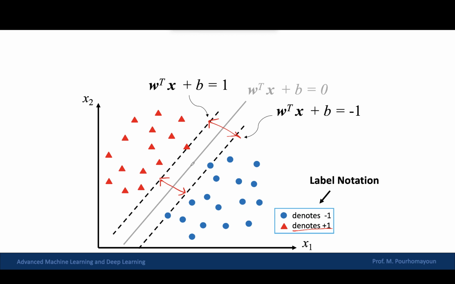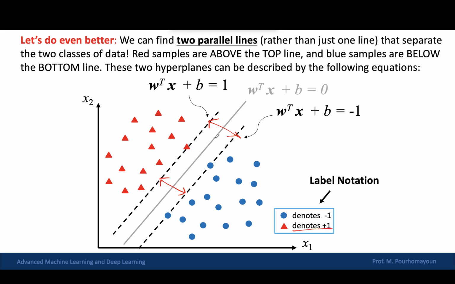So it is like, rather than having a single line, I will have a wide area as my classifier, a gap, like a band, as my classifier. So let's do even better. We can find two parallel lines rather than just one line that separate the two classes of data.